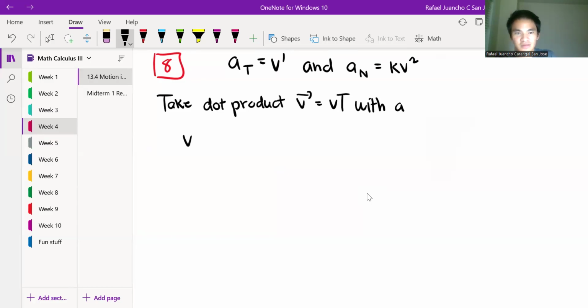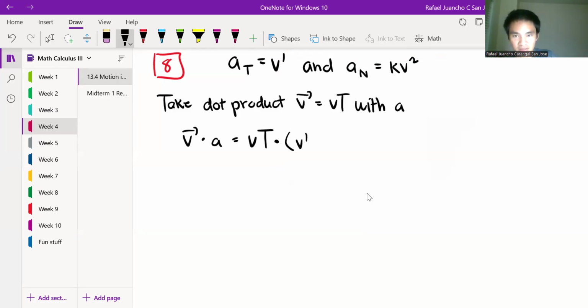So v dot a is our speed, so when I'm not putting the arrow, I mean speed, times the dot product of t with a.